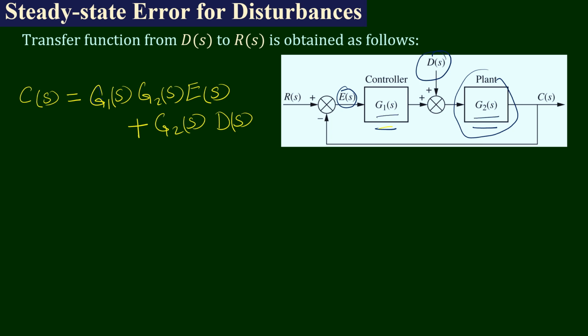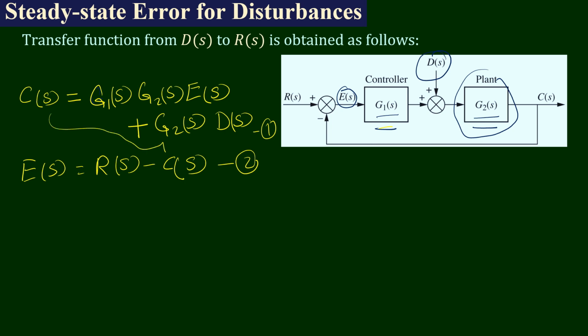Now a little bit of simplification is required. We know that E(s), the error, is equal to R(s) minus C(s). If we consider this equation number 1 and this equation number 2, we can insert the value of C(s) from here into this equation.